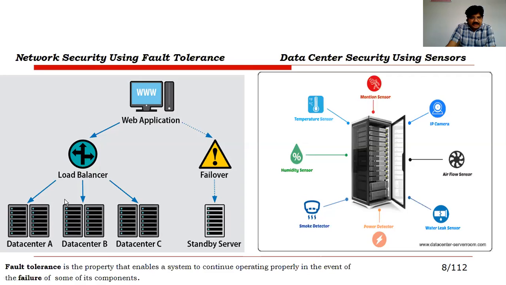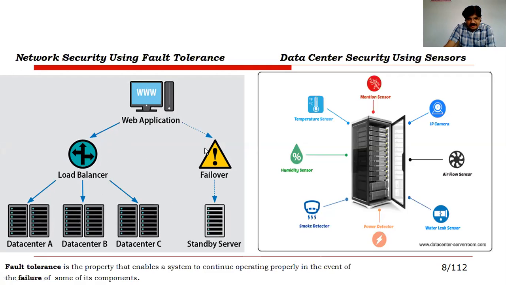That means the web application traffic will be diverted and shared equally to all the data centers, namely data center A, data center B, and data center C, with the help of the load balancer. The load balancer takes the traffic from the web application and distributes it equally among the available data centers over the network.